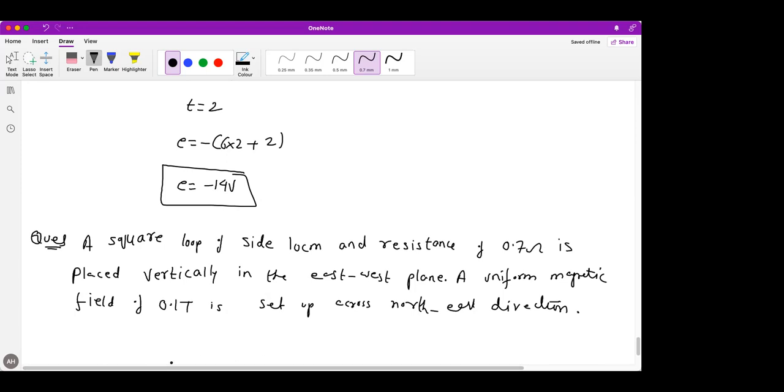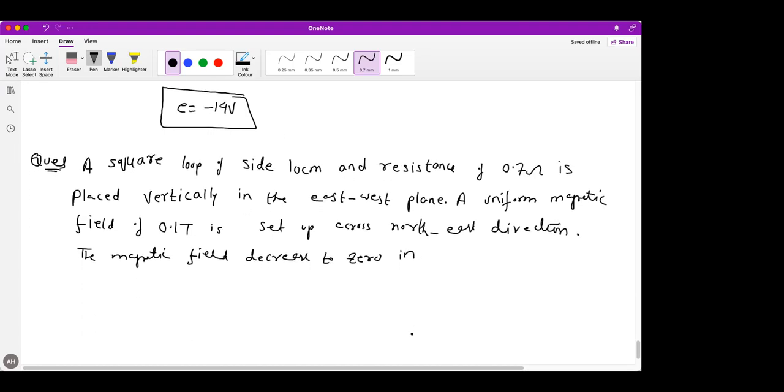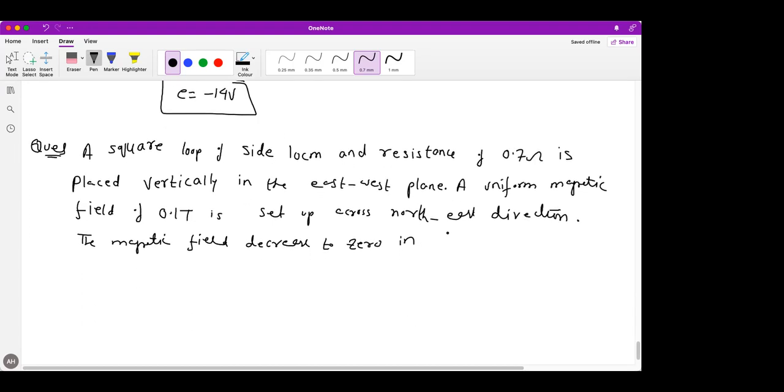The magnetic field decreased to 0 in 0.7 seconds at a steady rate.